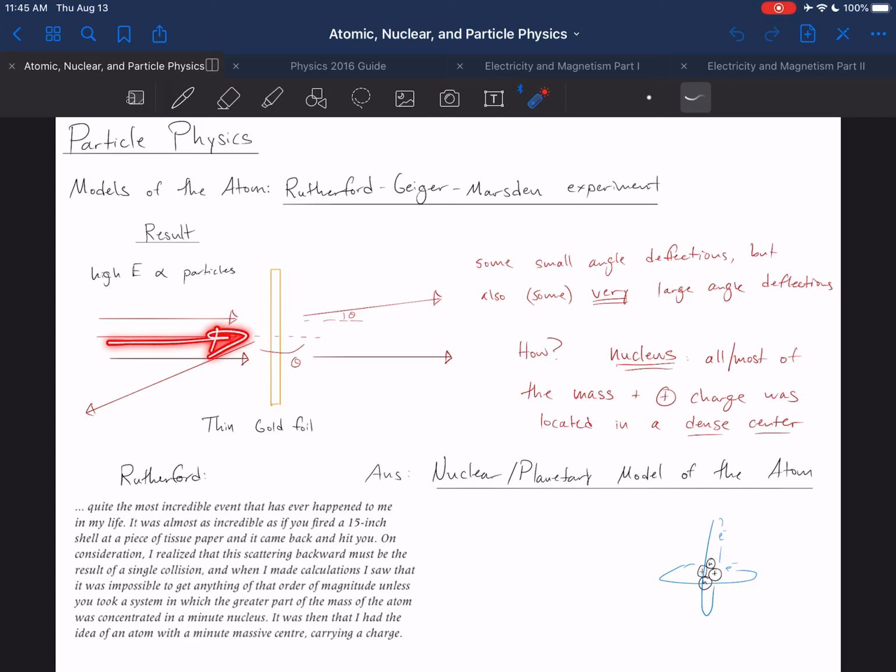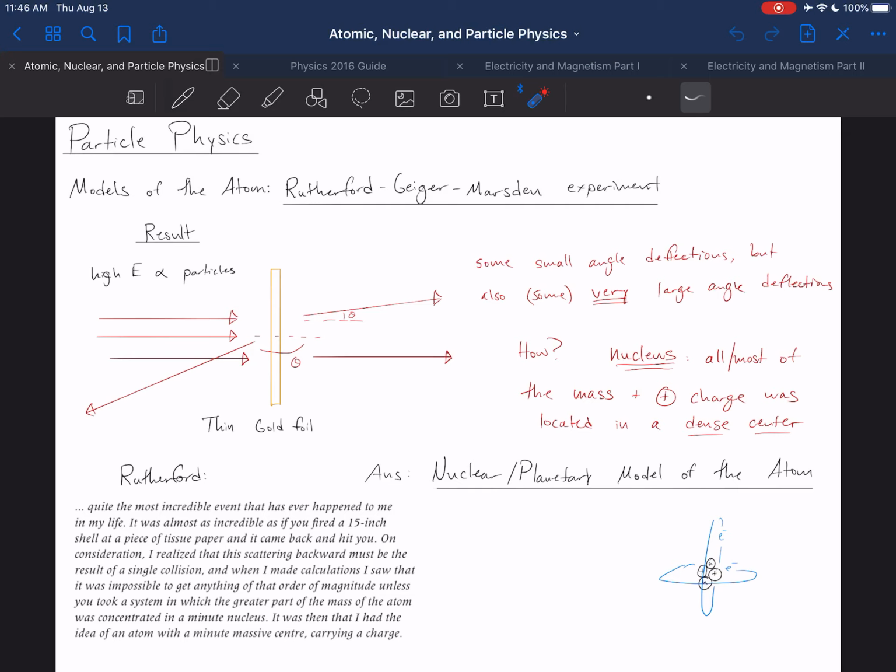This alpha particle is shown here to reflect more or less off that thin gold foil. From Rutherford's own words, it was almost as incredible as if you fired a 15-inch shell at a piece of tissue paper and it came back and hit you. And that's crazy. So this was crazy at the time period.